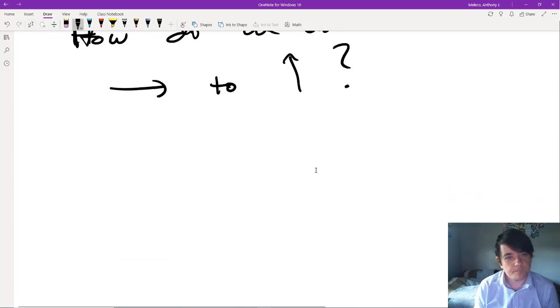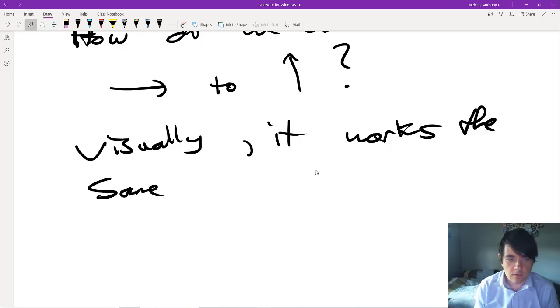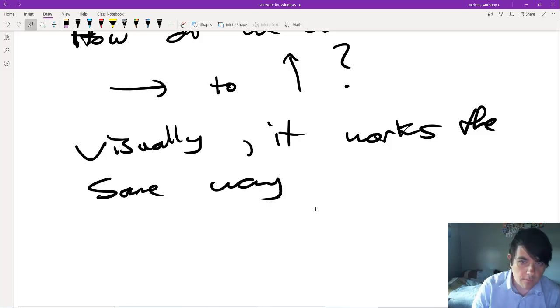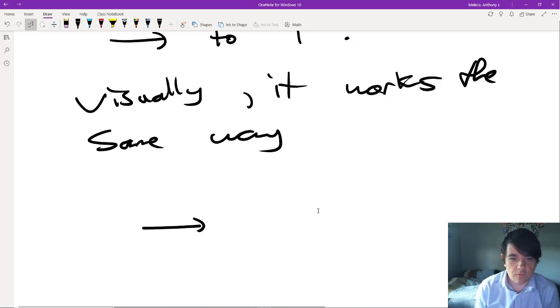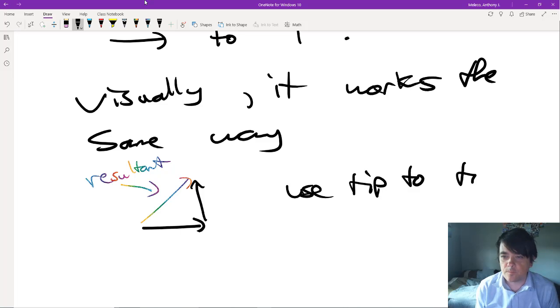Well, visually, it works the same way, okay? So we do this, tip to tail, boom. This is our resultant, okay? So tip to tail still works. So use tip to tail.